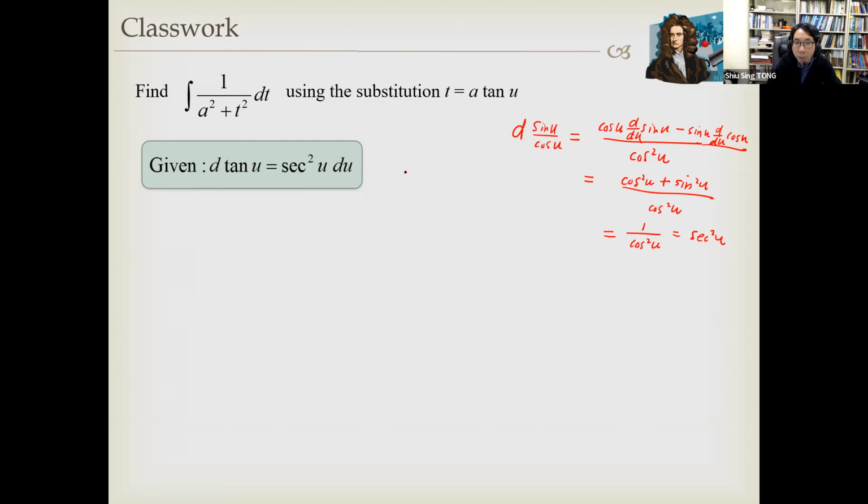And so, how about 1 plus tangent square u equal to secant square u? How do you prove it? Well, it's simple. You start with sine square u plus cosine square u equal to 1. Then you divide the whole expression by cosine square u.